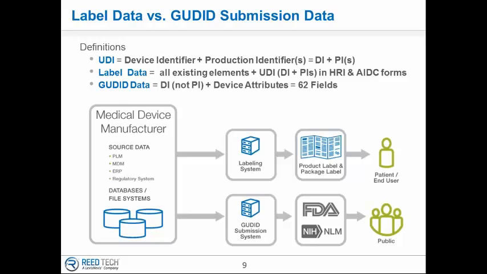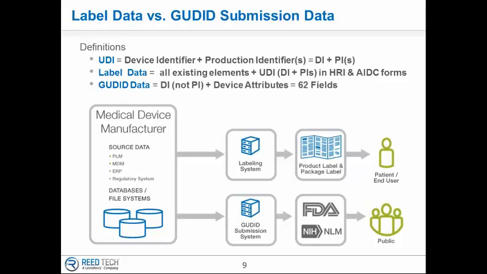With the label data versus the GUDID submission data, some of the data, as mentioned, is going to be part of the production identifier, which is more geared to what's happening in your labeling systems, on your product package label, and the end user would be able to see this information.